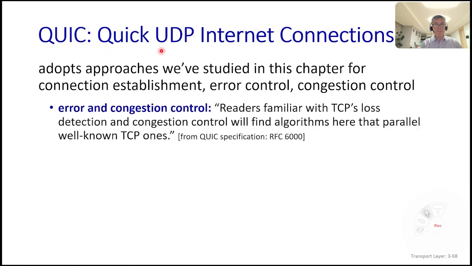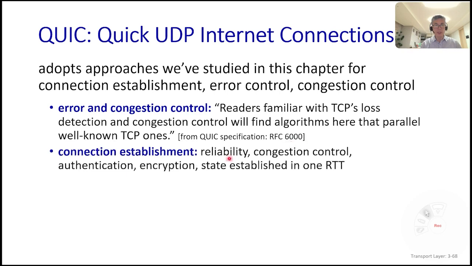Okay, so for error and congestion control, readers familiar with TCP loss detection and congestion control will find the algorithms here parallel well-known TCP. For the QUIC specification, you can refer to this RFC. Previously I put the link for the RFC.